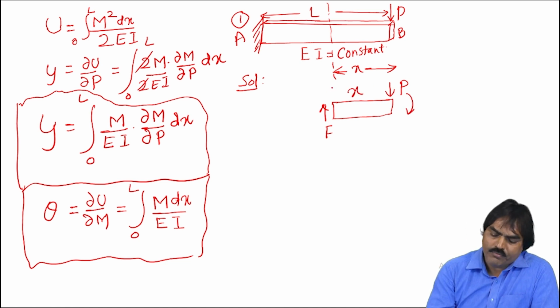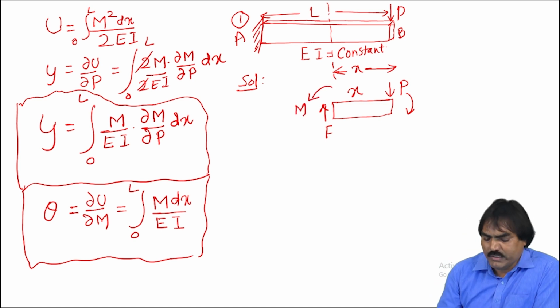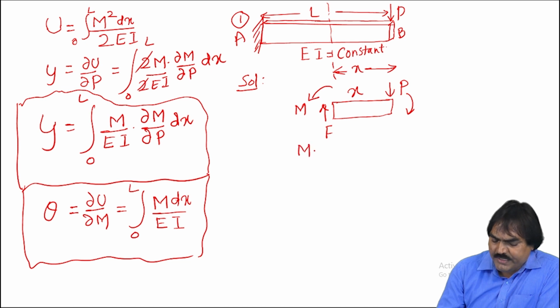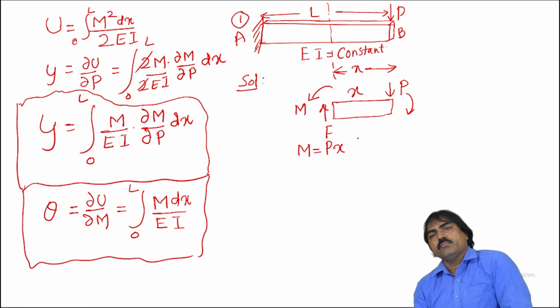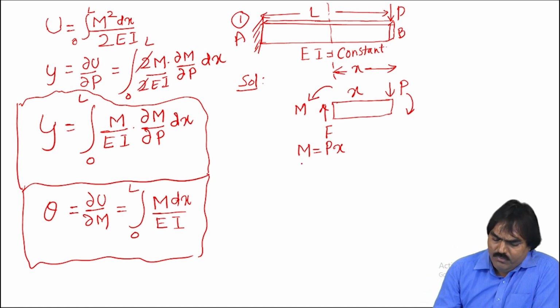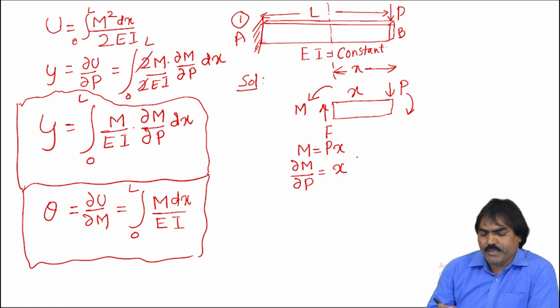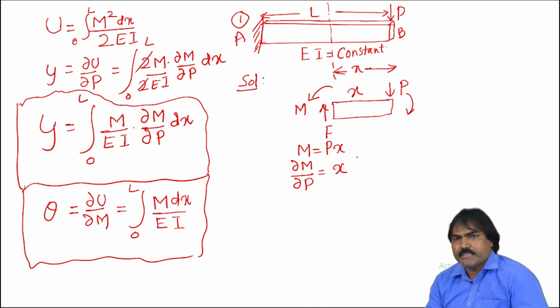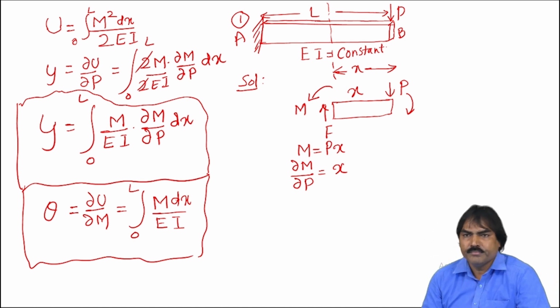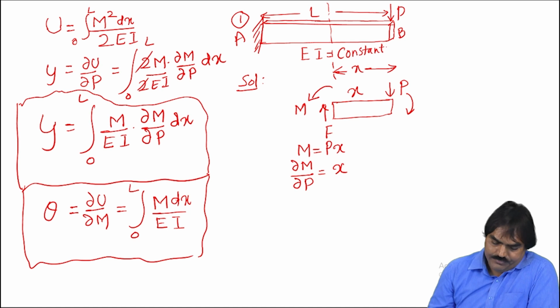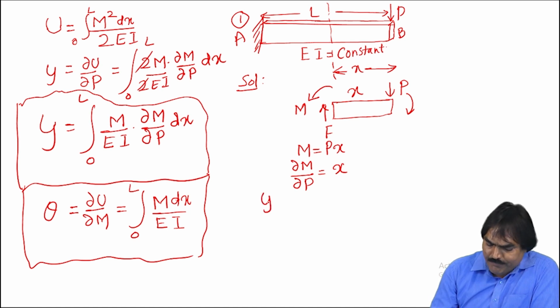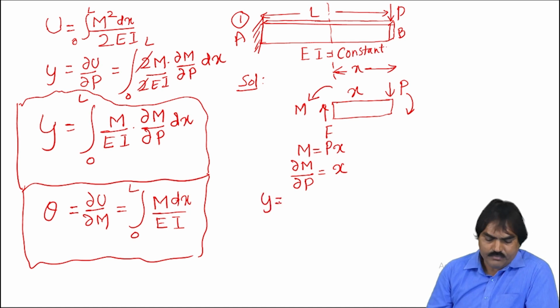To prevent the rotation, there must be a moment anti-clockwise like this, so that the moment is defined as P into x. Then what is dou M by dou P? X only. When I differentiate the moment with respect to load, you will get dou M by dou P as x.